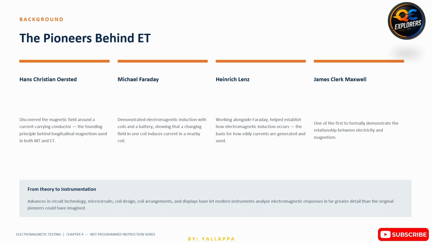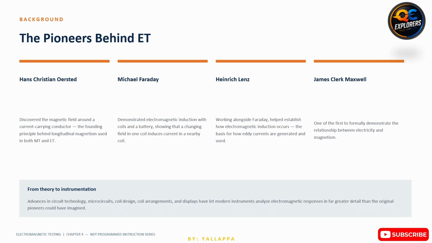In 1820, he discovered that an electric current flowing through a conductor produces a magnetic field around it. This groundbreaking observation established the direct relationship between electricity and magnetism, and became the foundation for many electromagnetic technologies, including magnetic particle testing and eddy current testing.